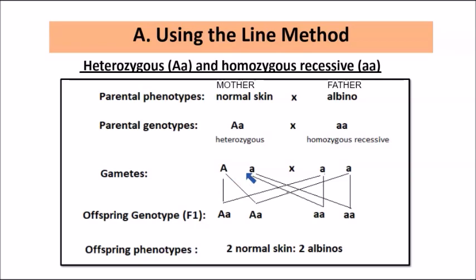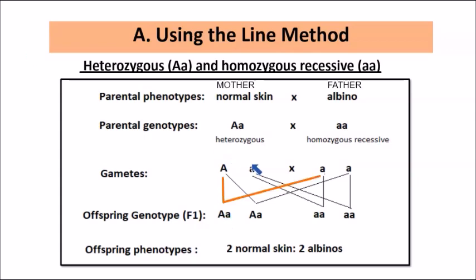Now to determine the genotype of the offspring, the first generation, you're simply matching up. You can see here that the mother's dominant allele matches with the father's recessive allele. That gives us the genotype of the first individual, big A, little a, so this first individual is heterozygous.